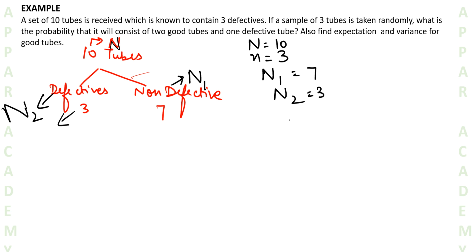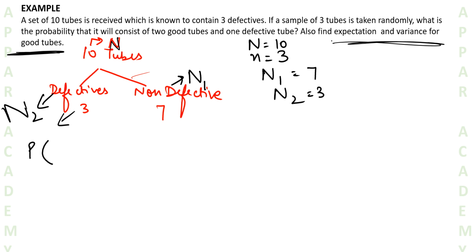So first of all, if a sample of 3 tubes is taken randomly, what is the probability that it will consist of 2 good tubes and 1 defective, and find expectation and variance of good tubes. I have taken N1 as 7 because N1 is non-defective, and we need to find the expectation and variance for good tubes. Had it been defective tubes, we would have taken N1 equal to 3.